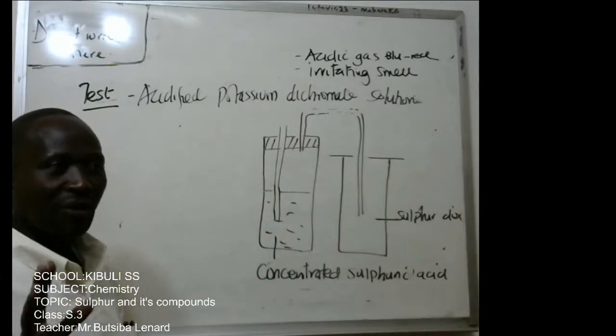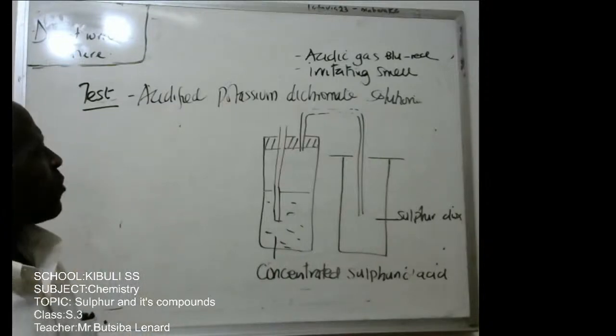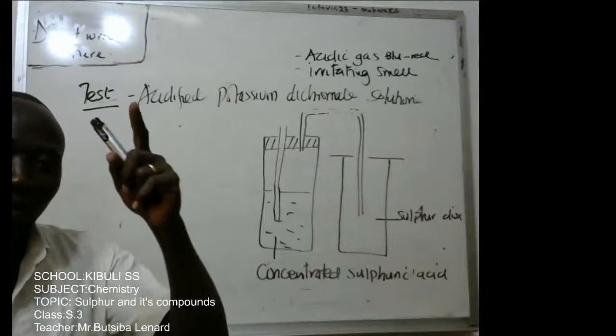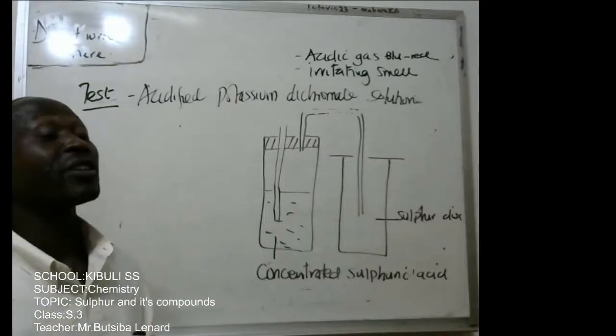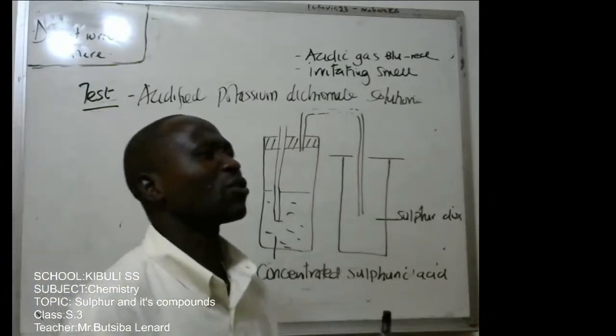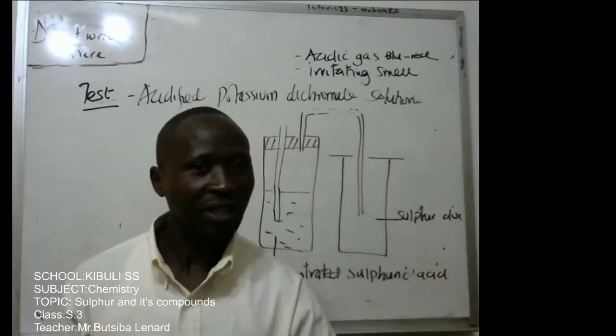You just need the observations. If you struggle to write equations to explain, you can do it, but nobody will appreciate you with a mark. In the A level, you explain more and you get the marks.